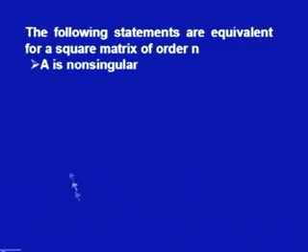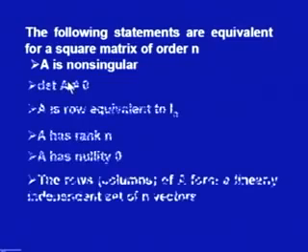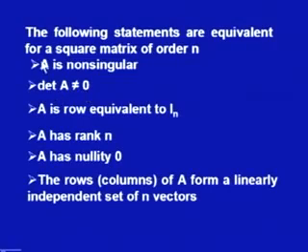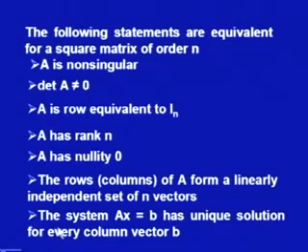Similarly, the following statements are equivalent when we have A is non-singular, determinant A is not 0, all these things are same which we have discussed. The last point is slightly different, and it says that the system Ax is equal to b has a unique solution for every column vector b.